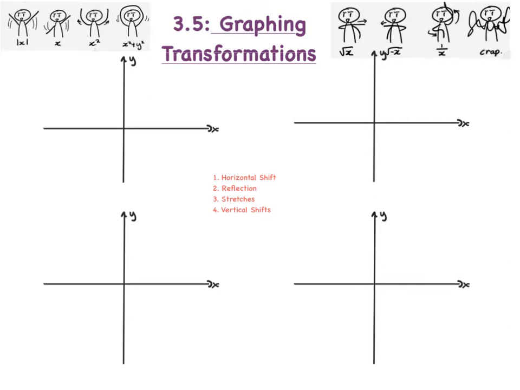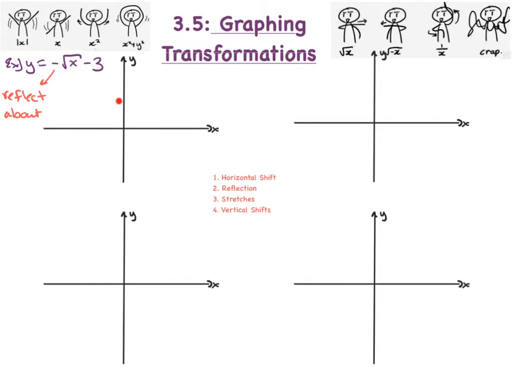Okay, to get started, let's sketch y equals negative absolute value of x minus 3. Okay, so what we have here is the negative is a reflection. This negative was on the outside of the function.